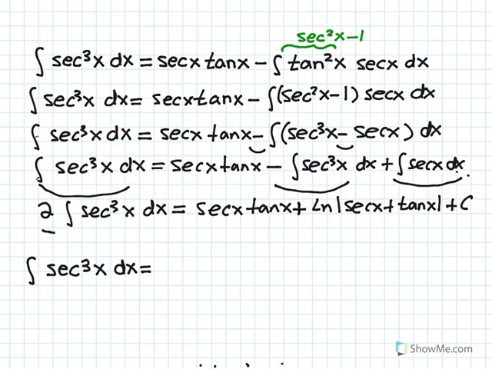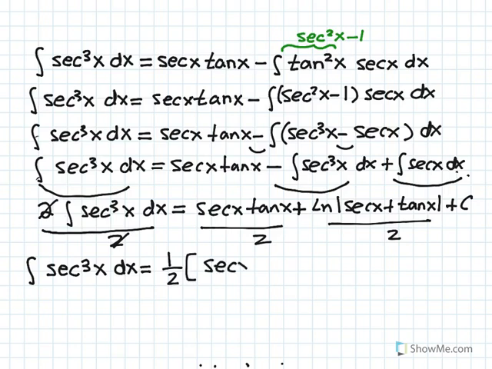And what we get is the integral of secant cubed x dx is 1/2, factoring out the 1/2, times sec x tan x plus log of the absolute value of sec x plus tan x, plus constant c. All right, thanks.